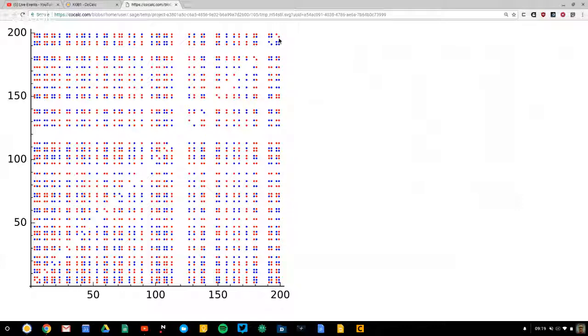So compare the last column with the top row. They're not the same. These reds are the same, those blues are the same, but then you've got a red here and a blue here. So those two aren't the same. However, if you look at the second last column, under reflection that goes to the second highest row.